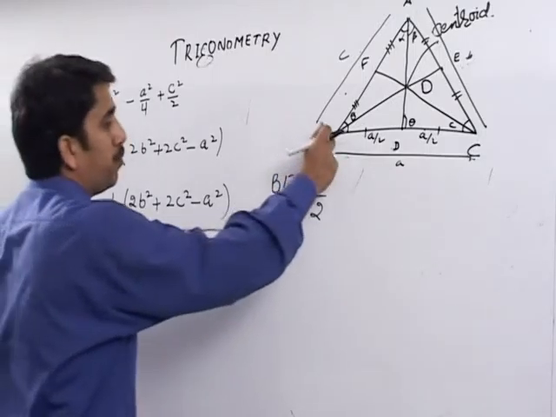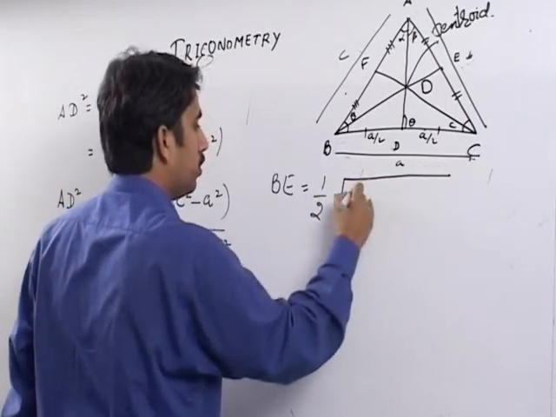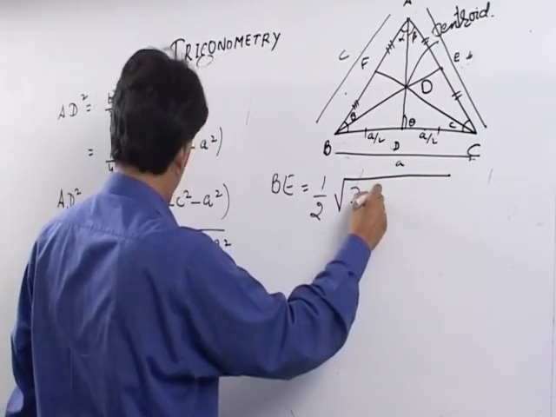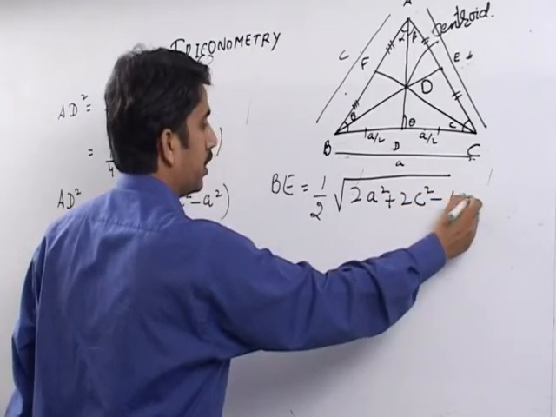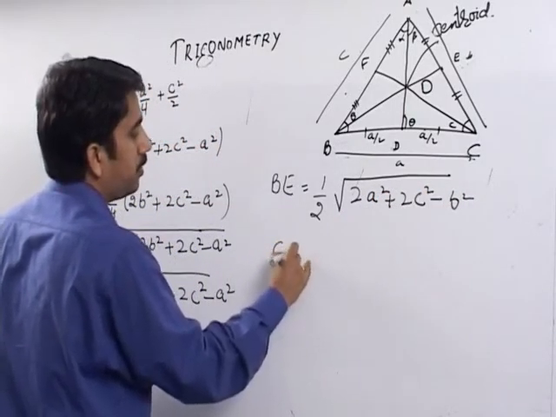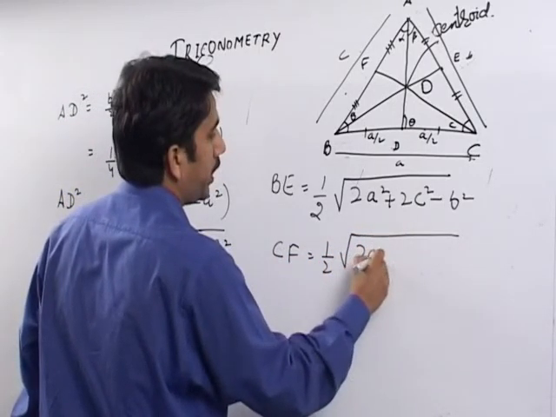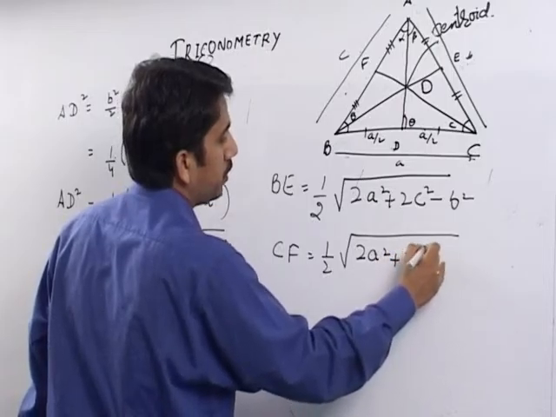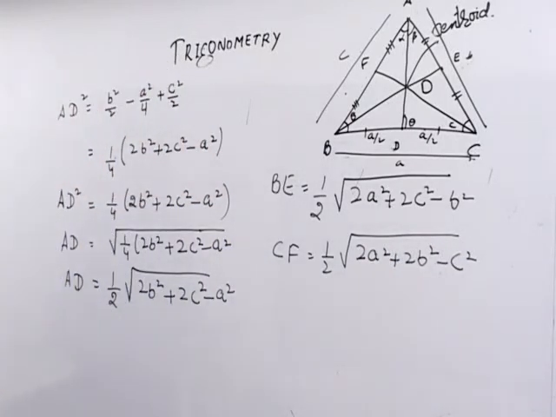When it is angular point B, BE, then this will become under the root 2A square plus 2C square minus B square. And for CF, this will become 1 by 2 under the root 2A square plus 2B square minus C square. These are the lengths of medians AD, BE and CF.